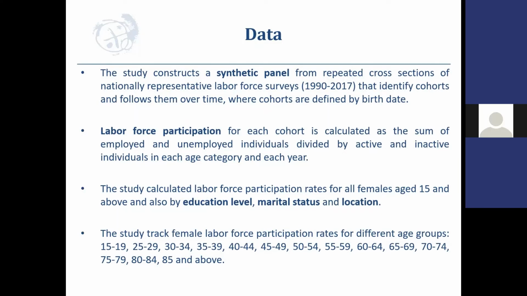I calculated labor force participation rates for each cohort, did analysis on different levels of education, marital status, and location, and divided labor force participation rates of females into different age groups, comprising 15 age groups.